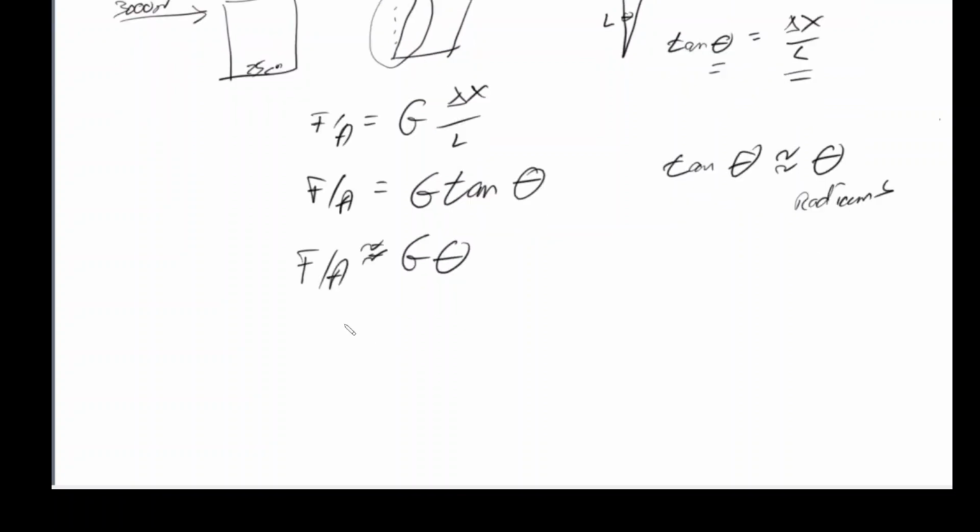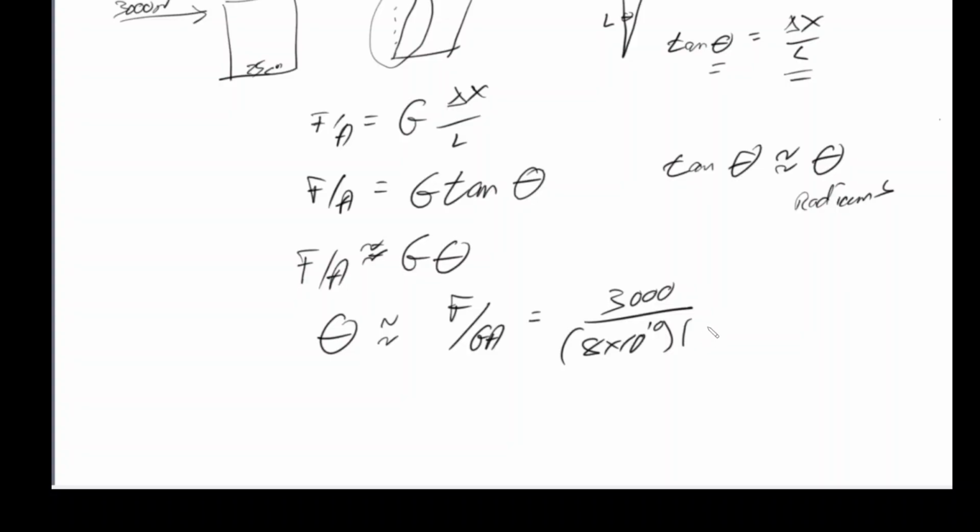approximately. And if we solve for theta, that's approximately equal to F over GA, which is equal to 3,000 newtons over G, which is 8 times 10 to the 10th pascals, times the area, which is 6.25 times 10 to the minus 2 meters squared.